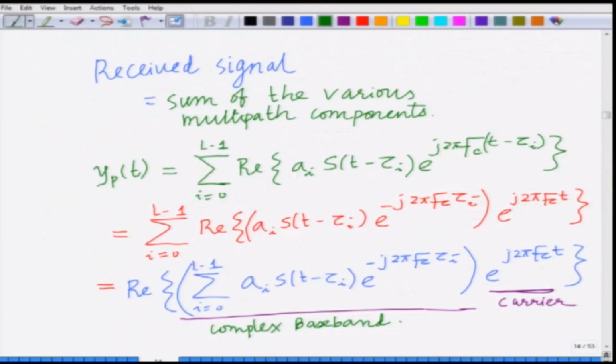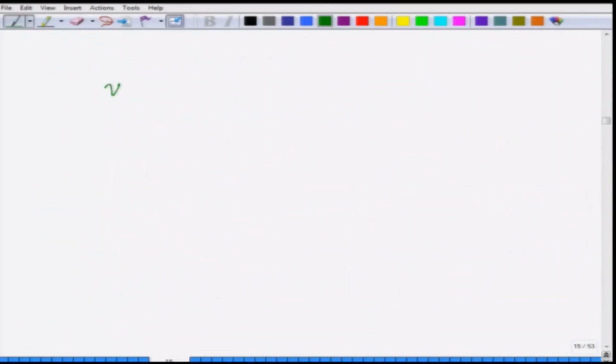This is the complex received baseband signal, and therefore my baseband received signal, if I demodulate the carrier, is given as the summation i equal to 0 to L minus 1 of AI S of t minus tau I e to the power of minus j 2 pi f c tau I.